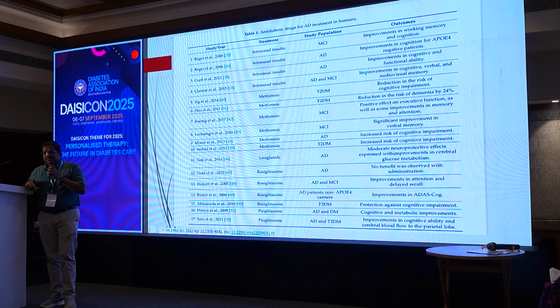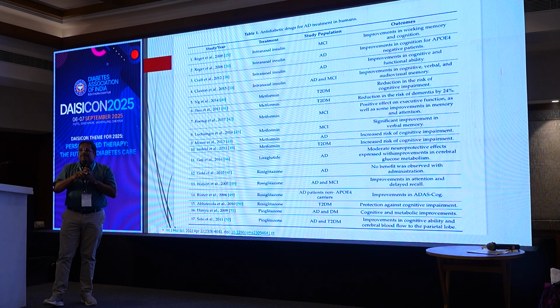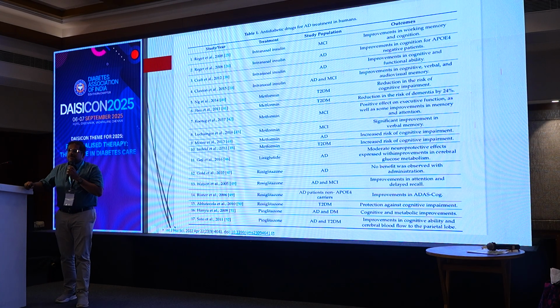These are some small trials of intranasal insulin, metformin, liraglutide, rosiglitazone and pioglitazone, which show some promising effect in reducing the risk of dementia in diabetic patients.